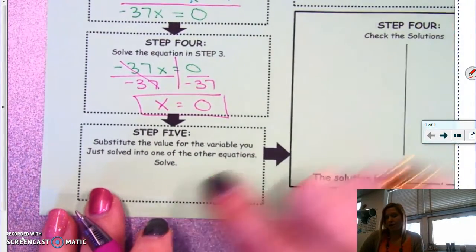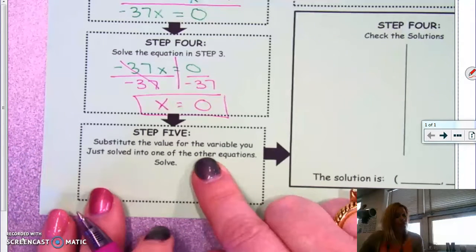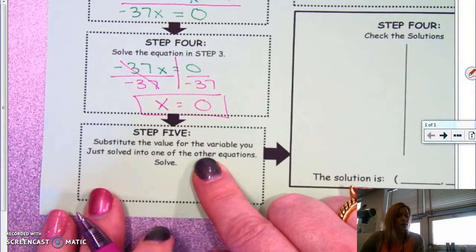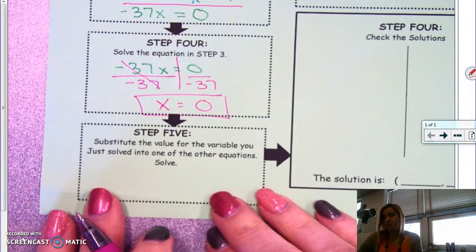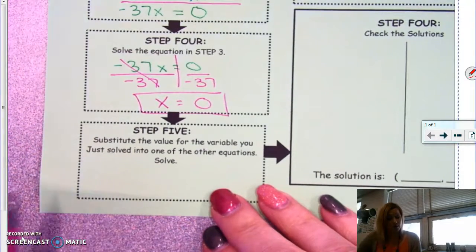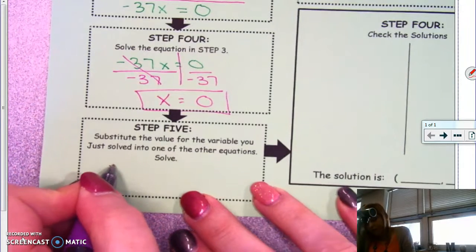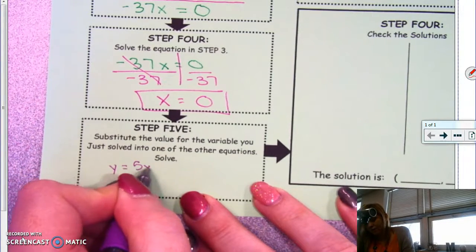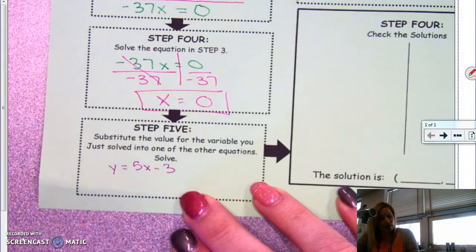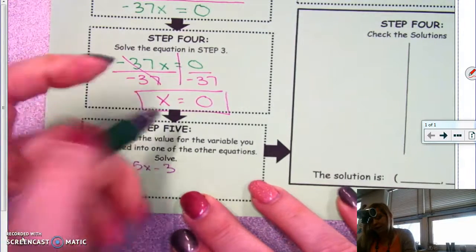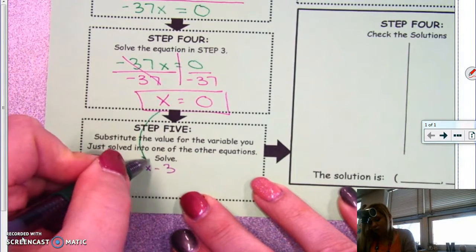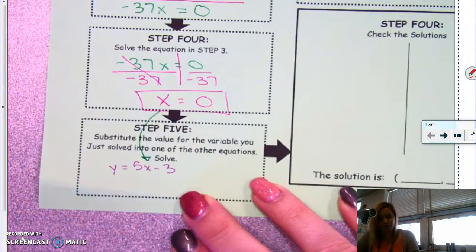So the only thing left that we need to do is step 5. Substitute the value for the variable you just solved into one of the equations. I'm going to pick the easiest of the two equations. I'm going to pick the first one, y equals 5x minus 3. And so now in place of the x, I am going to substitute our new number, which is 0.